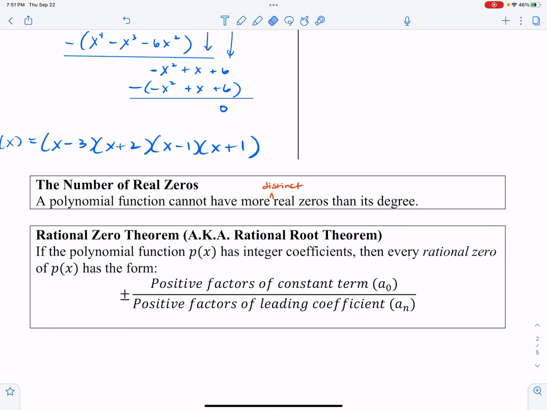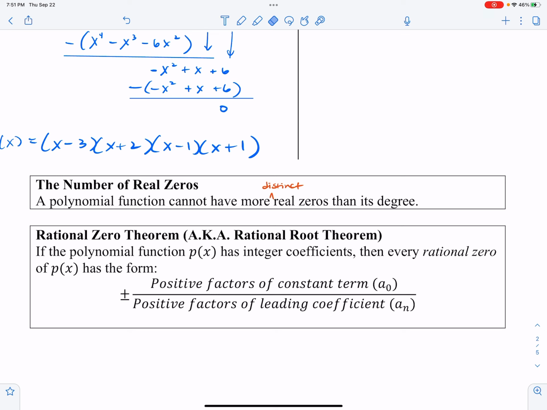The next theorem is going to be the most helpful to us, though, and we're kind of putting the other theorems together in order to help us with factoring a polynomial completely over the real numbers and therefore identifying its real zeros.